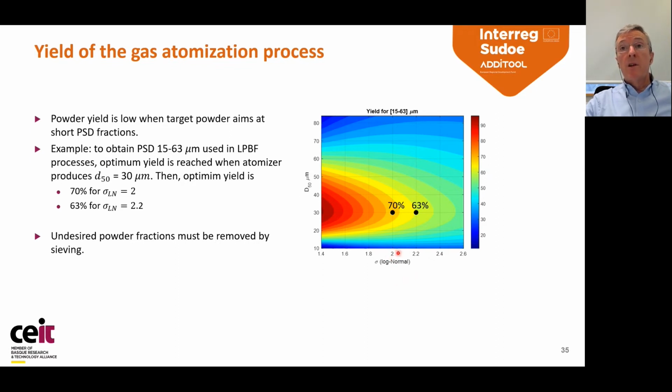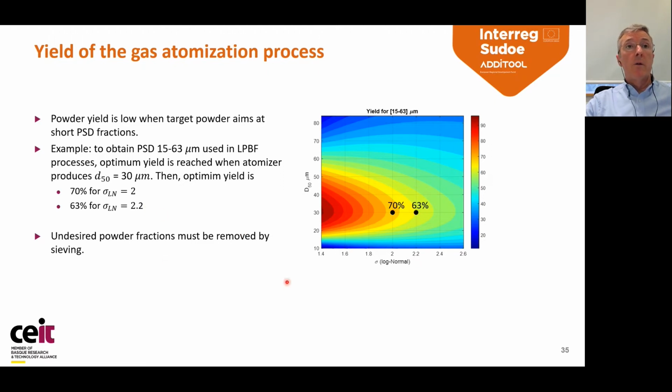If, for instance, your atomizer has a spread of sigma ln 2, which is good, and you are able to fine-tune your process so that your median is at 30 microns, then your yield will be 70%. So 30% of the powder will not be used. And with a sigma ln of 2.2, which is also quite average, your yield will be 63%.